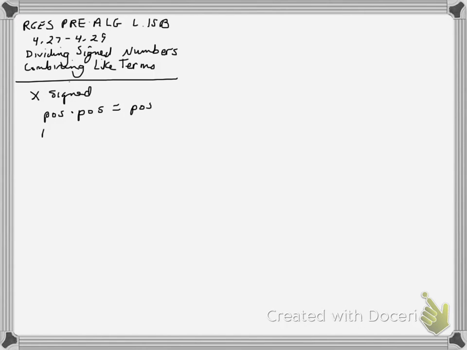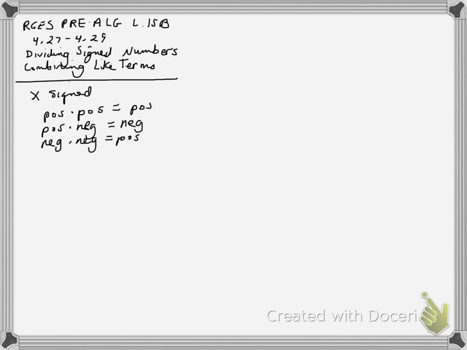If you have a positive times a negative, or a negative times a positive, because we can reverse the order with multiplication, meaning 2 times 3 is the same as 3 times 2, so it doesn't matter which one comes first, the positive or the negative, you'll have a negative. And if you have two negatives, negative times negative, it equals a positive.